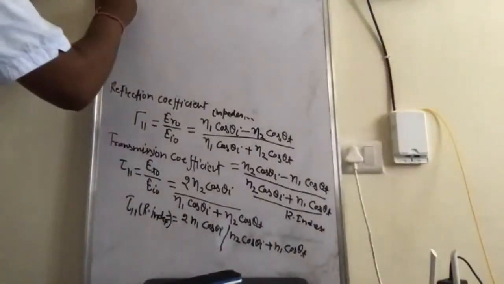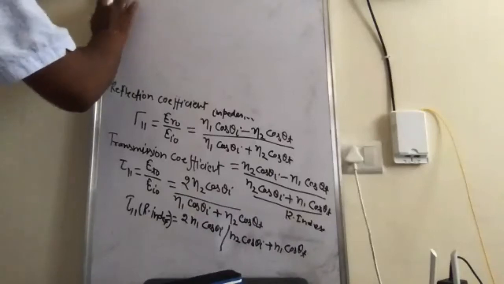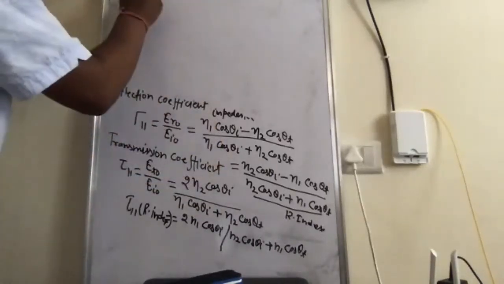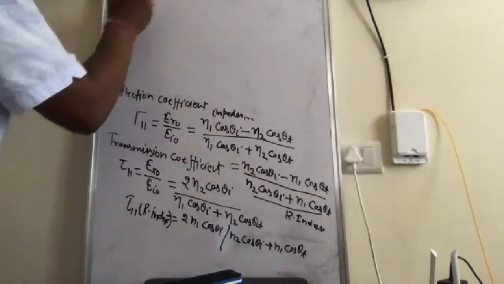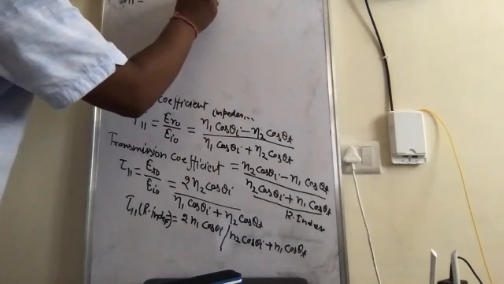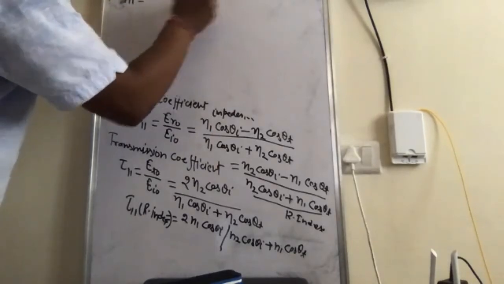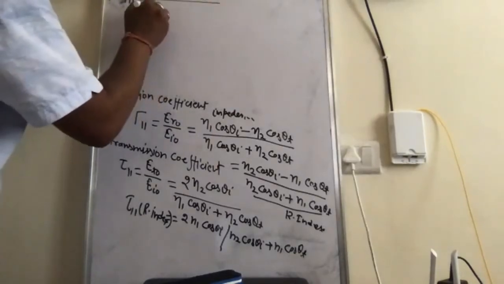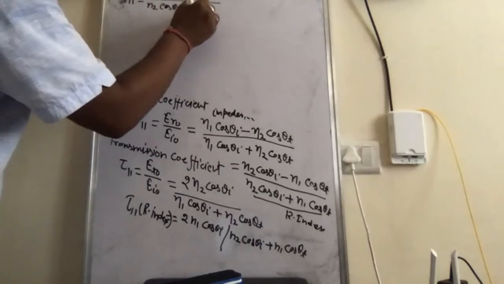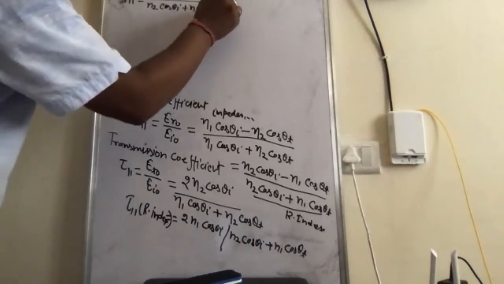Can we write gamma parallel is equal to n2 cos theta I minus n1 cos theta t divided by n2 cos theta I plus n1 cos theta t.